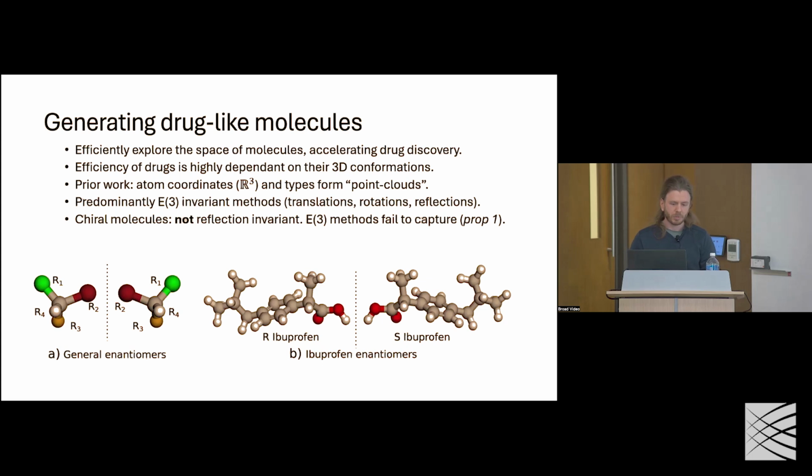And there is this problem that chiral molecules are not reflection invariant, and that reflections of molecules that contain chiral centers will create enantiomer pairs which have distinguishing properties, and that E3 invariant methods cannot capture or distinguish. And so furthermore, we also argue how chiral adaptations are quite challenging to develop while keeping rotational invariance. And then here is the same image with ibuprofen that is only efficient in its S form.